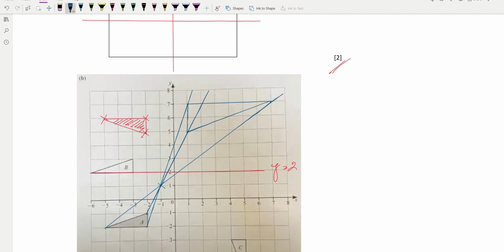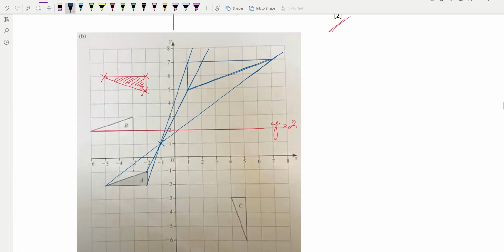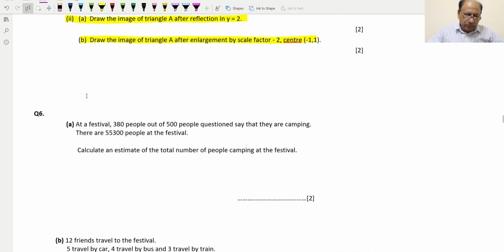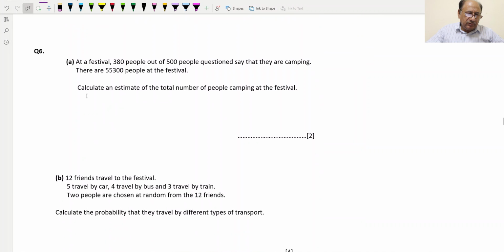So on the other side of the center of enlargement. So this is our enlargement of A, and I'm shading it for your explanation, it's not required. This is the shaded triangle. Hopefully you understand this.